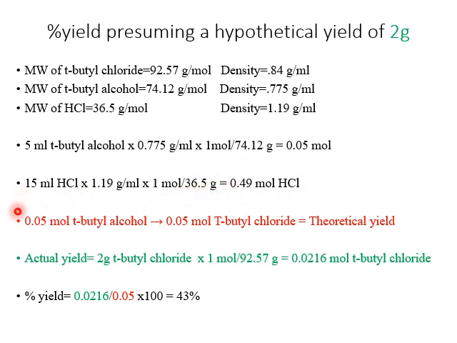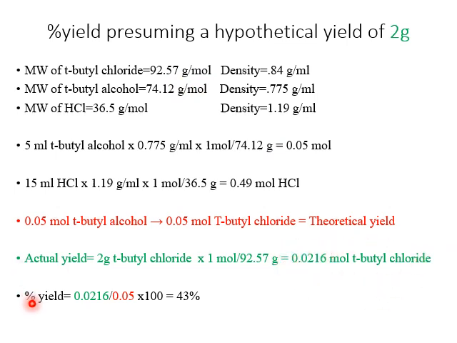So your theoretical, based on the reaction, you should get 1:1. So for every 0.05 moles of terbutyl alcohol, you should get 0.05 moles of the chloride. But assuming you got 2 grams of the chloride, you divide it by the molecular weight of the chloride, and you get this number of moles.